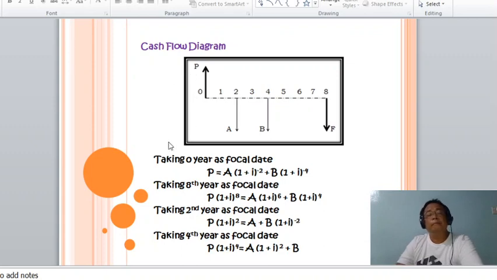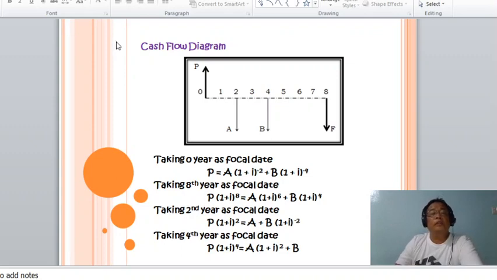So again, the equation of value is easy. Taking now another focal date, at the second year. We are going to bring the present amount P to year number 2.